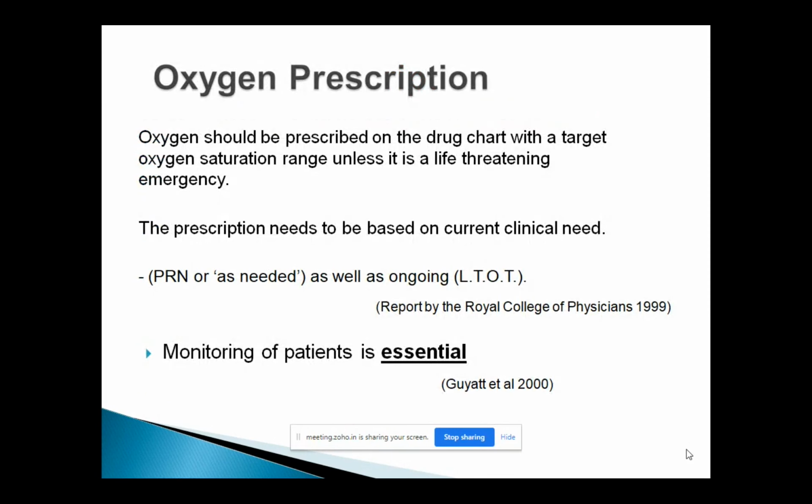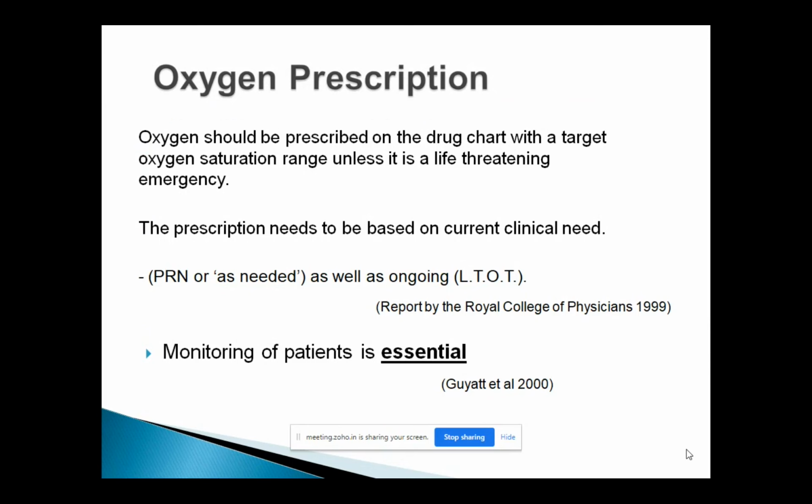As I mentioned, oxygen should be prescribed on the drug chart with a target oxygen saturation. So for example, if you're a doctor or a healthcare professional, and the patient is on oxygen therapy, it's important to check the prescription to see whether it is written how much saturation you're aiming to achieve and what amount of oxygen is allowed for the patient.